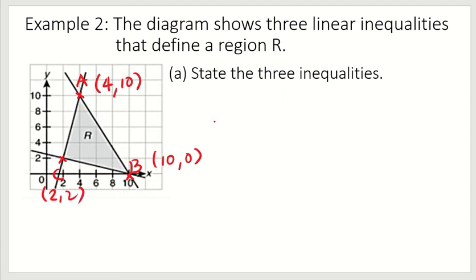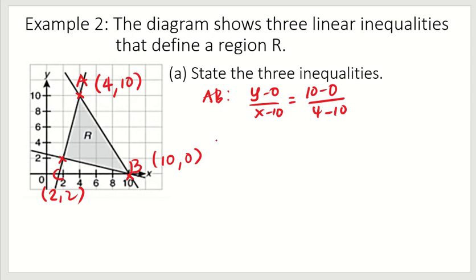Then we have to form the three equations. So what is the equation for AB? For AB, use y minus 0 over x minus 10. Then what is the gradient? 10 minus 0 over 4 minus 10.